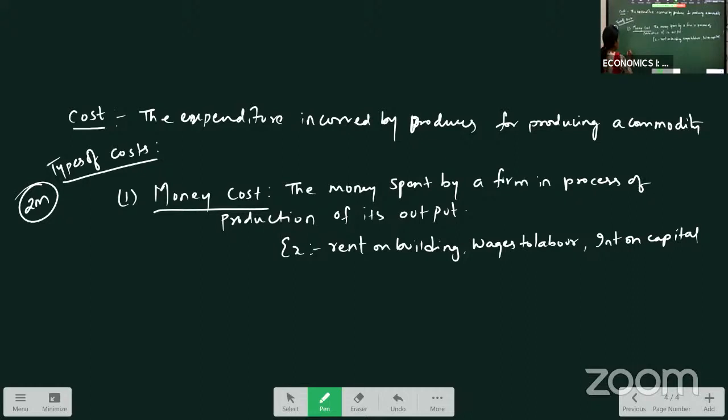Now, second one we have, that is real cost. What is real cost?